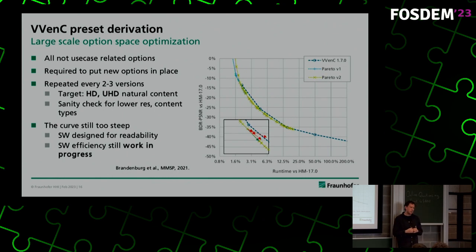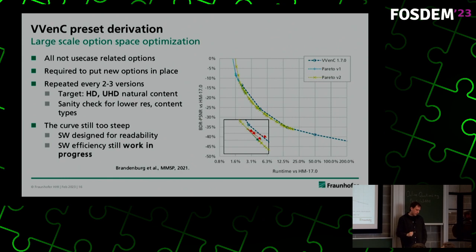So we don't do it so often, like every 2 or 3 versions. Or if we know one tool got implemented way better, we can try to only optimize for this tool within the option space from the last optimization. We target HD and UHD, natural content, but we do sanity checks for lower resolution and screen content or HDR.